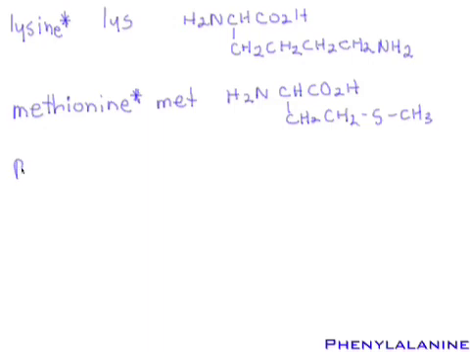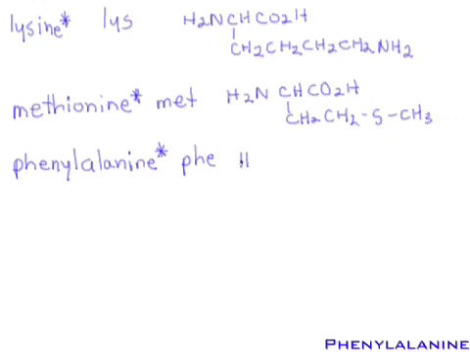The next one is phenylalanine. And as the name suggests, this is simply a phenyl attached to the alanine. If you remember alanine had a methyl as the R group, so if we attach a phenyl to that methyl, it must become a CH2. It's given the abbreviation PHE. Phenylalanine is an essential amino acid.